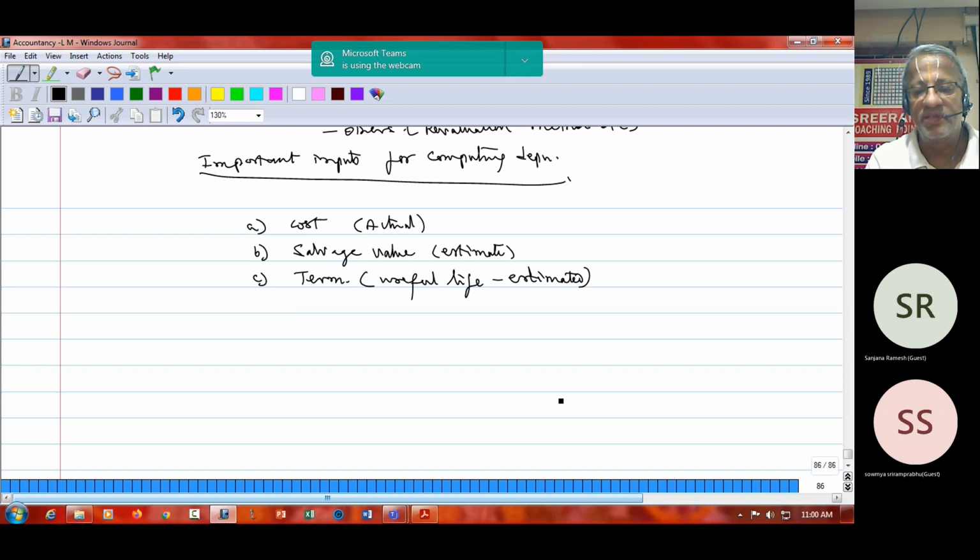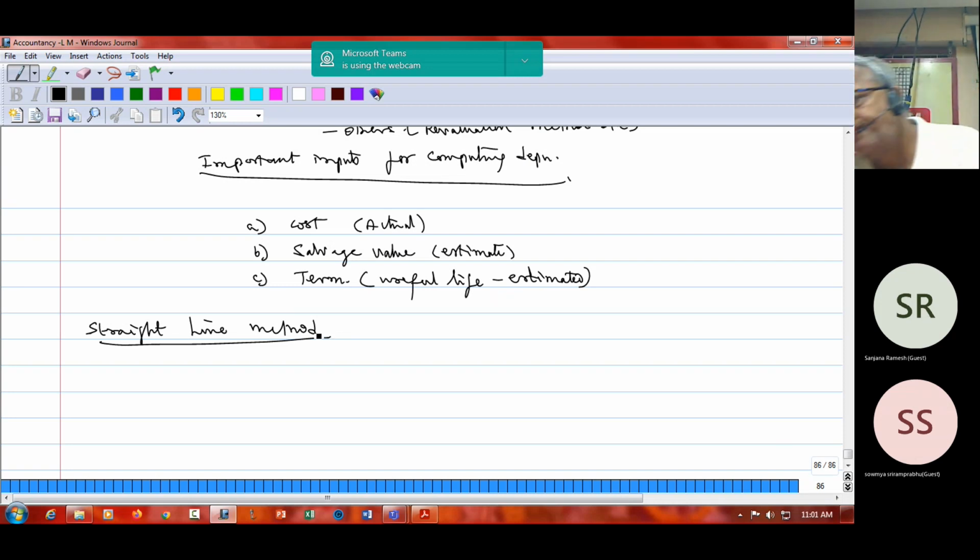Now let us discuss the straight line method. What do you mean by straight line method? Whether you are studying in 11th or 12th, that is not a matter. Or whether you have not studied at all, you have got to answer this. Come on.